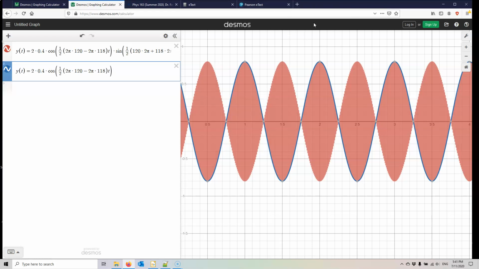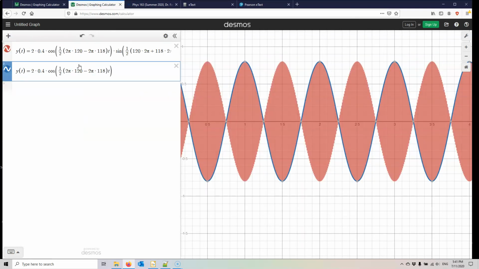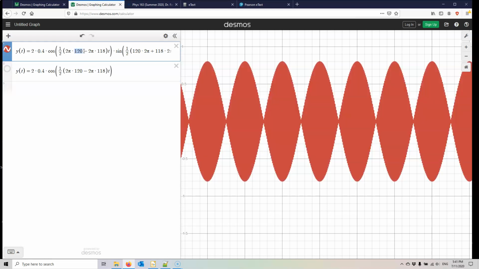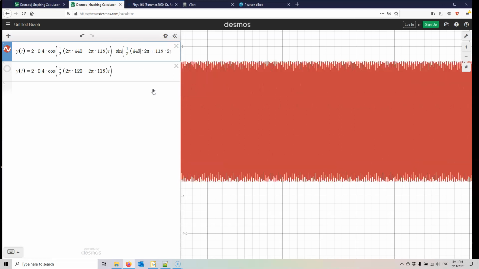You essentially open up 2 tone generators. You can just search for tone generator online, and you get all sorts of little browser-based programs that just generate a note. And you pick 120 and 118, or maybe let's stick with this one here. Let's try 440 and 443.